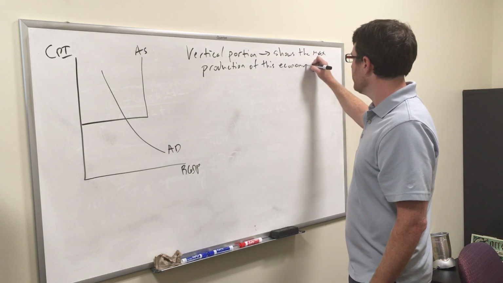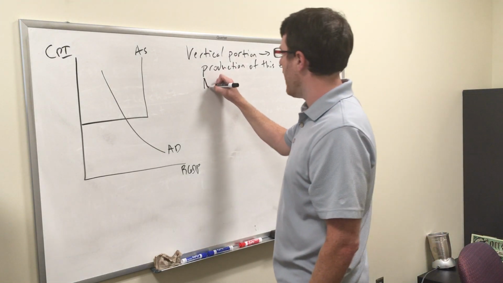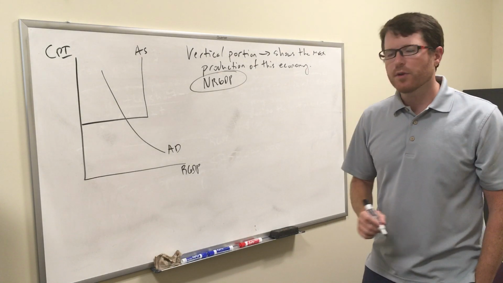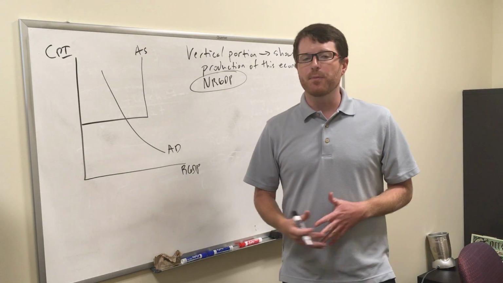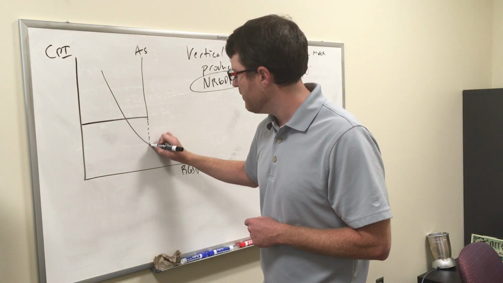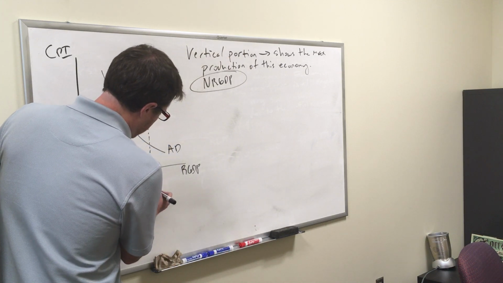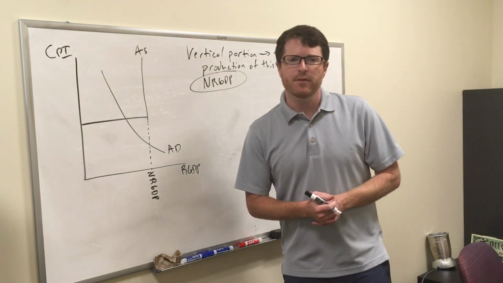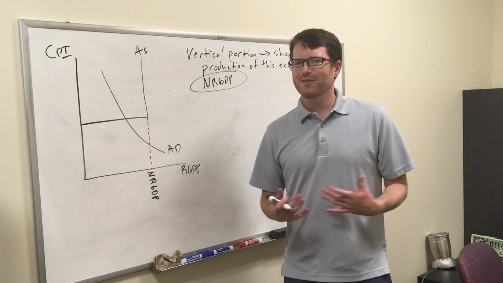The maximum production of this economy, which we can describe as the natural real GDP. Okay? We've learned about the natural real GDP before. It's the real GDP when the economy is operating at full potential. And for Keynes, this is the amount here. Okay? So this is the natural real GDP. Keynes isn't so worried about inflationary gaps because inflationary gaps means the economy is good today. And Keynes is worried about today.